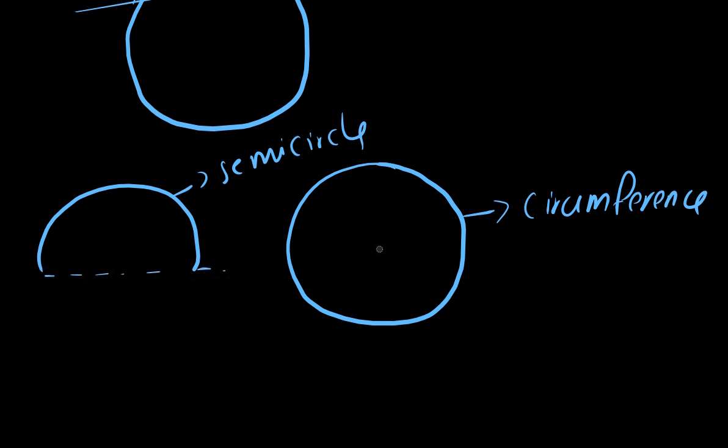Then a line that passes through any 2 points is known as chord. This is chord. Then a small portion of the circumference is known as arc. The smaller portion is minor arc. Major portion, larger portion is major arc.